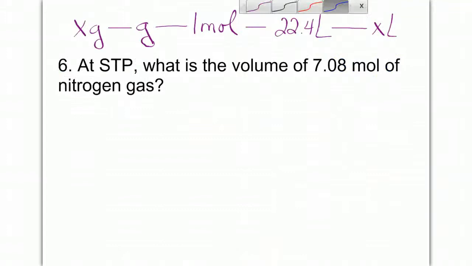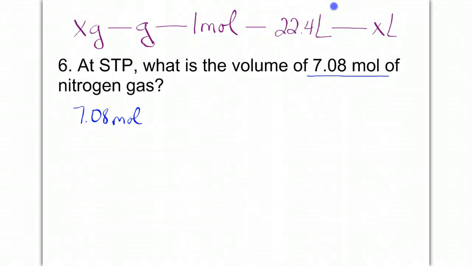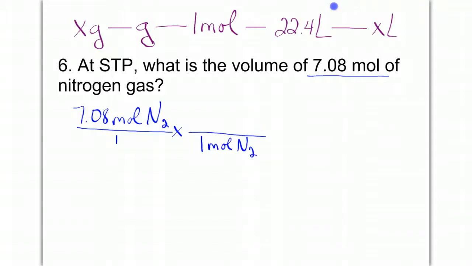Number 6, we have 7.08 moles of nitrogen gas. Nitrogen is a diatomic, so it's going to be N2. Over 1, bring down 1 mole of nitrogen. We're trying to get to what is the volume. So at mole, we have 2 options. We could go to grams, but we don't want to do that.